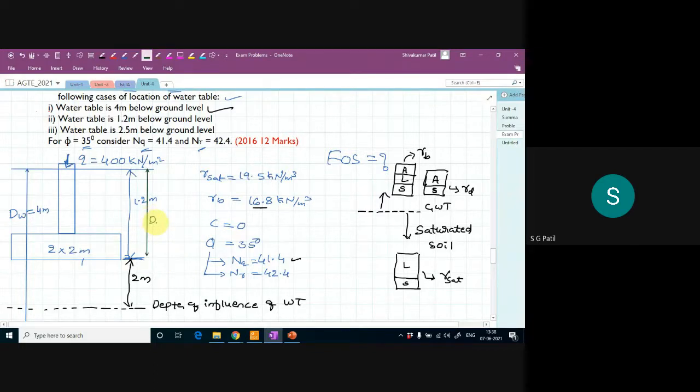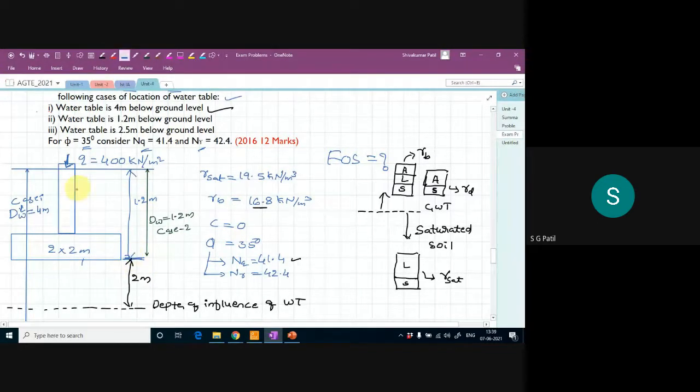So dW is equal to 1.2 meter. This is my case 2, and this was my case 1. Now the water table is exactly at the foundation level.